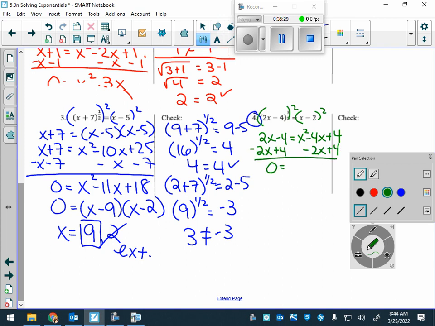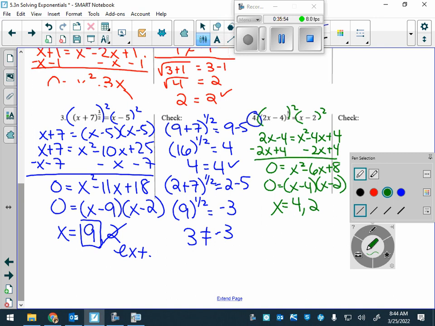So we have 0 equals x squared minus 6x plus 8. Now we factor: x minus 4, x minus 2. So x equals 4 and 2. And when you check it, they both will work. So that was number 4.